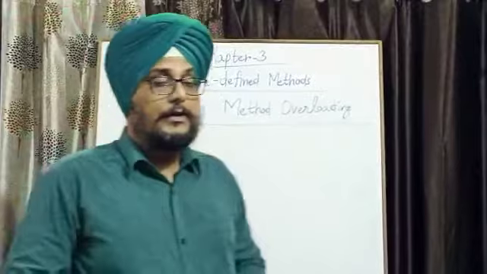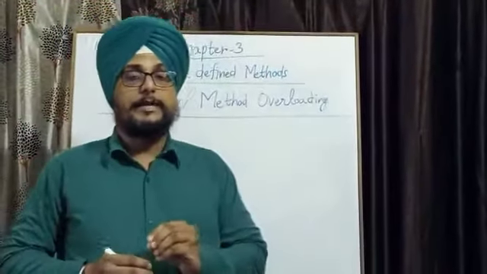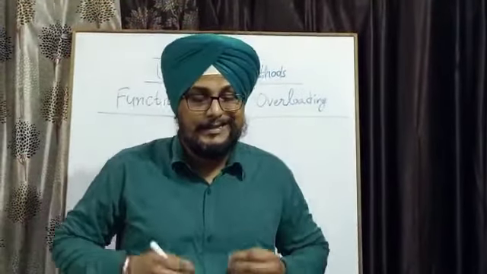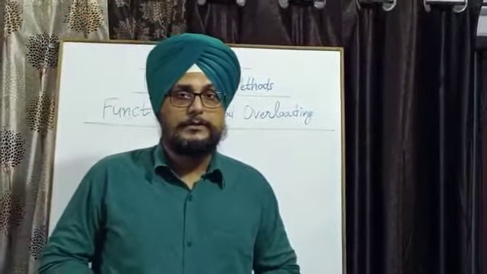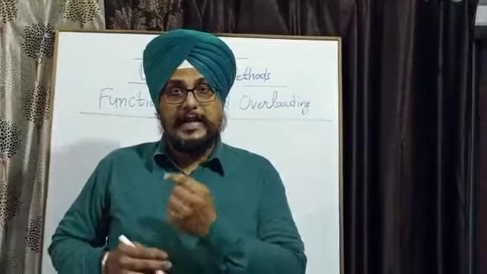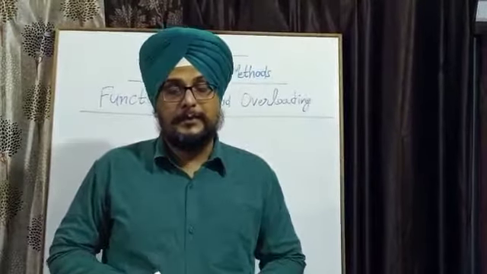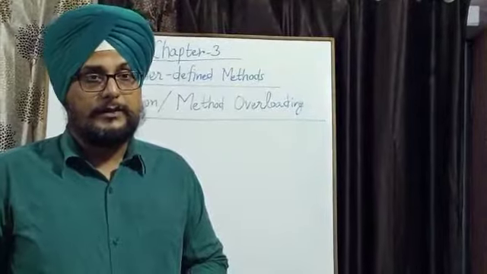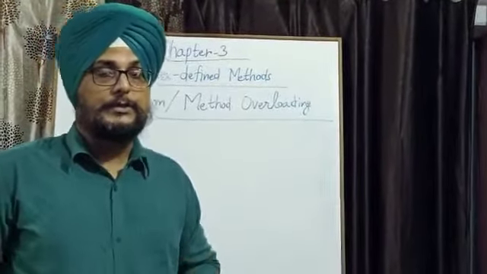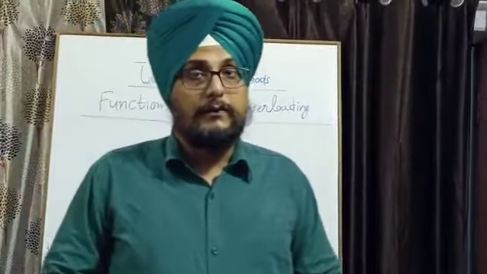See class, first of all you need to keep in mind that we can create several methods in a class. When we create a method, we need to think of the name of the method, that is the identifier name, and we need to think about the parameters we are passing inside the function.